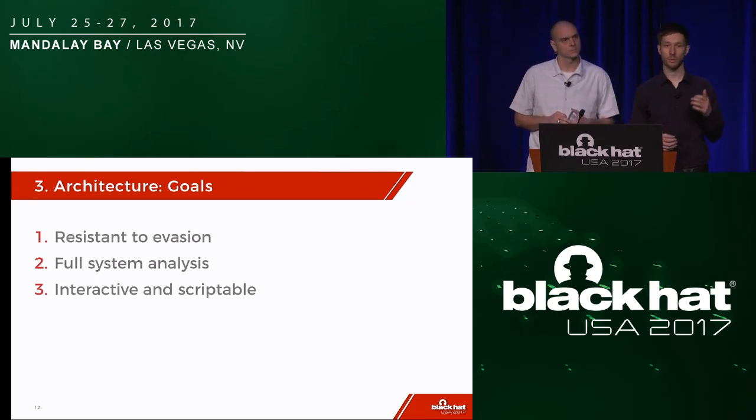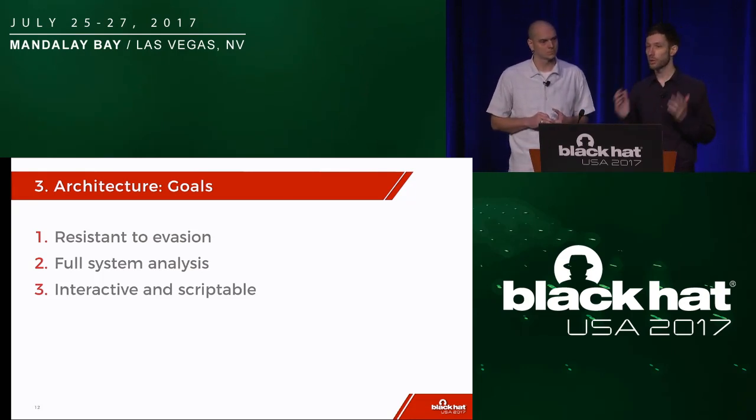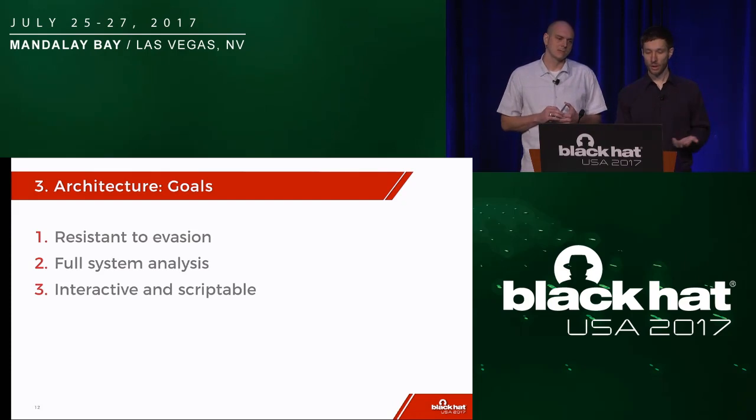This means we want to be able to analyze user space processes, kernel drivers, or even pre-boot environments all in a single tool. And last but not least, we want to keep the interactive and scriptable nature of debuggers such that we can steer the analysis easily as an analyst and automate tasks while performing the analysis. With these goals in mind, let's take a closer look at the architecture and how we address each of these goals, starting with our first goal, resistance to evasion.